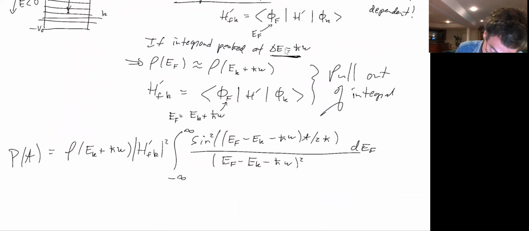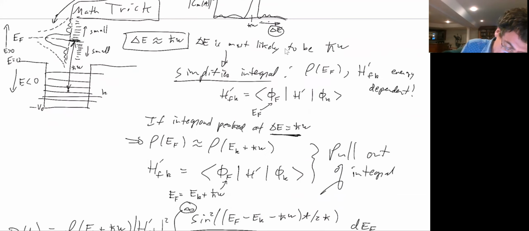Normally, but we don't have to worry about that because this integrand goes to 0 pretty quickly. So even if we have this go to negative infinity, it doesn't matter because the integrand goes to 0.